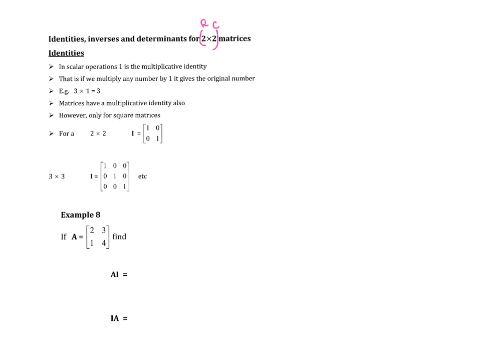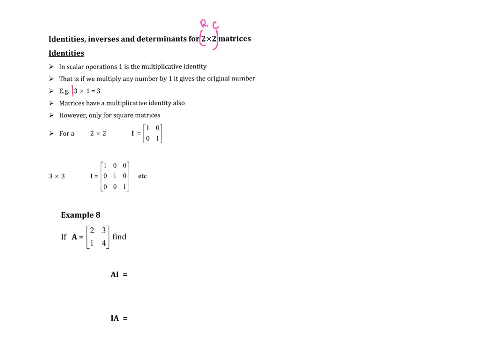Good. Okay, in scalar operations, one is the multiplicative identity. So what they mean by that, when we do scalar multiplications, when we're talking about an identity, it's when we times it by 1.